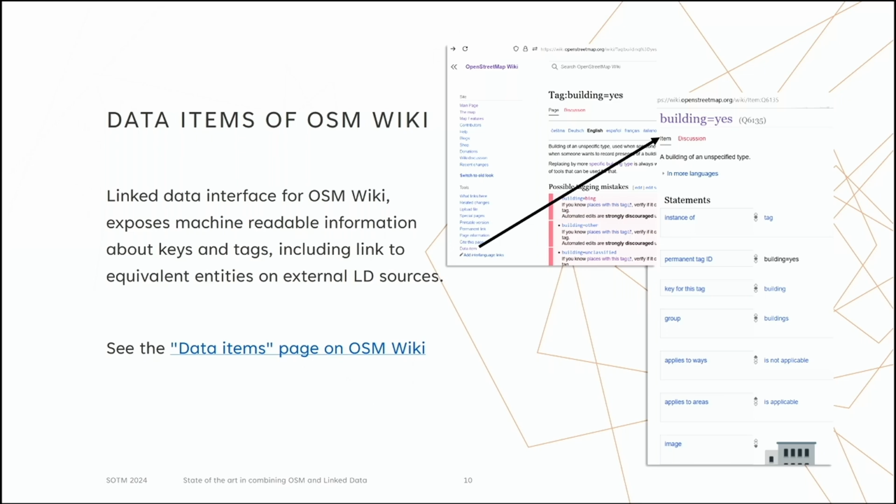So let's, for example, say we have the tag building=school, which represents a school building, and we have in a third party linked data source the concept of school building. We can use the HTTP URI of this resource to link it from the data item. You can access these items from the OSM wiki when looking at a tag by clicking on that item on the menu on the bottom left.